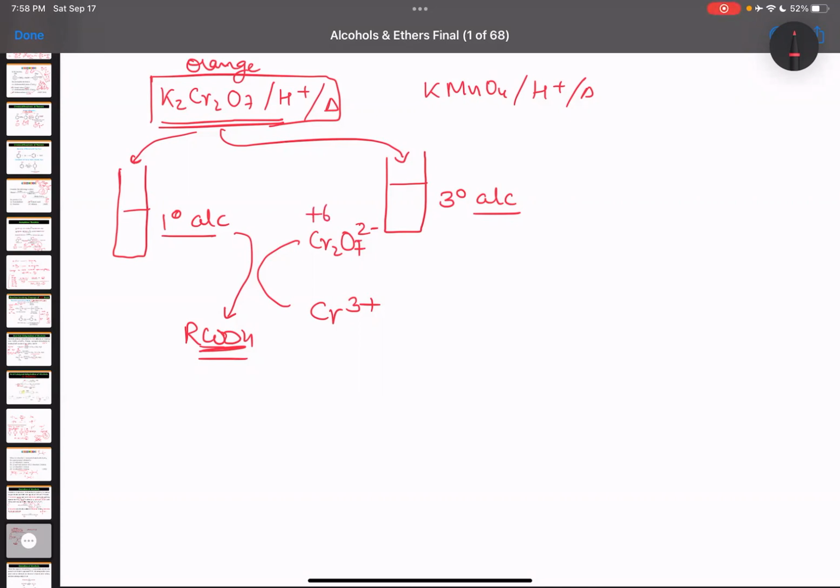It was orange and it will turn to green. So for primary and secondary also, whosoever gets oxidized by dichromate, you will observe green color.